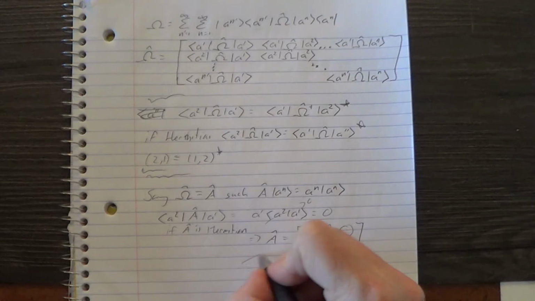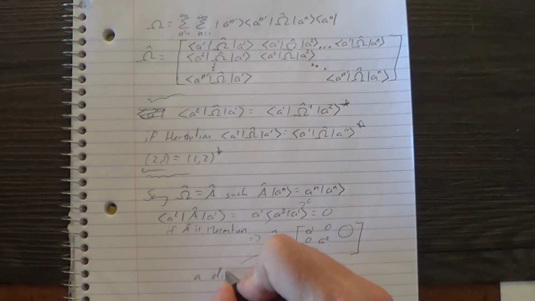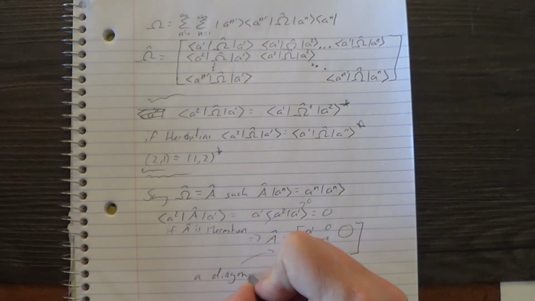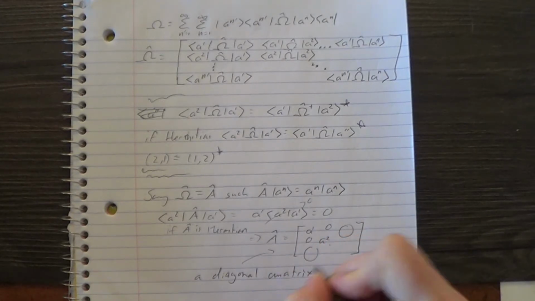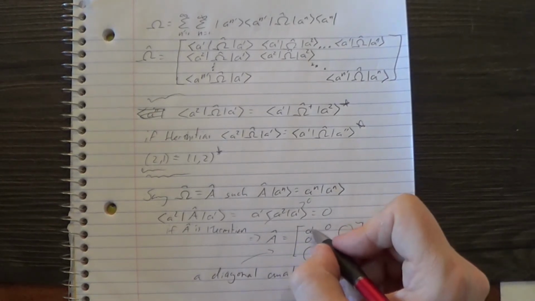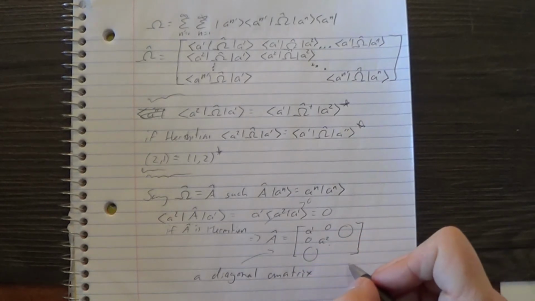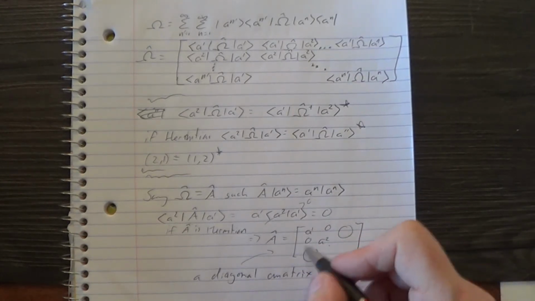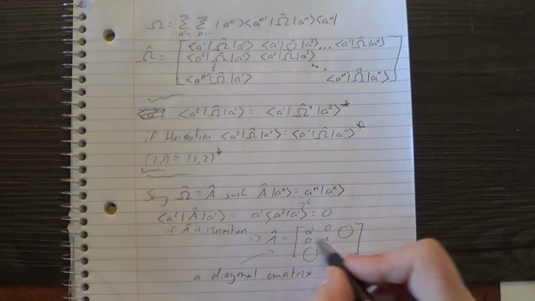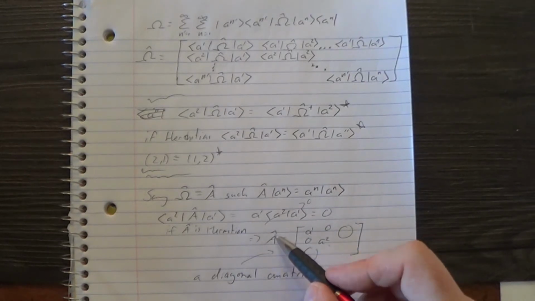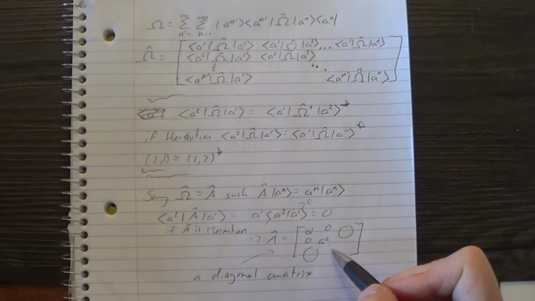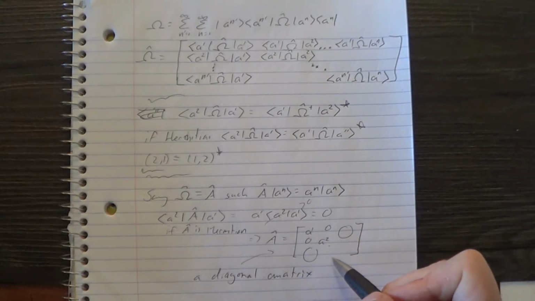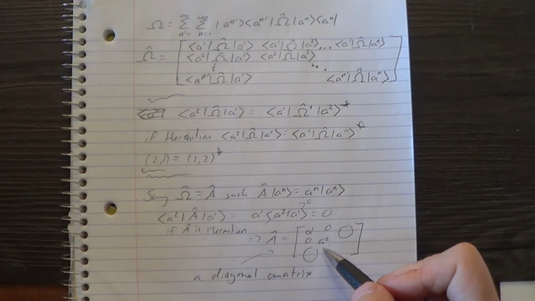Now, this is what you call a diagonal matrix. And that means that the 1, 1, 2, 2, 3, 3, 4, 4, those are finite and everything else is 0. All right, so that's how we recognize that an operator is being represented in its own basis set, because the matrix representation of that operator is diagonal. And that's kind of an important concept.